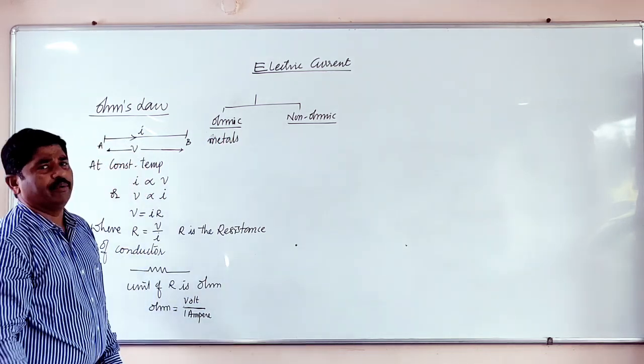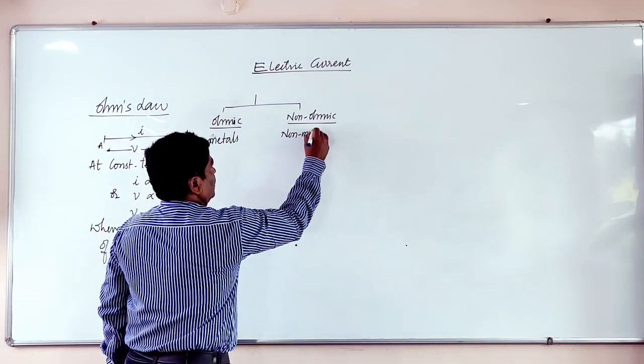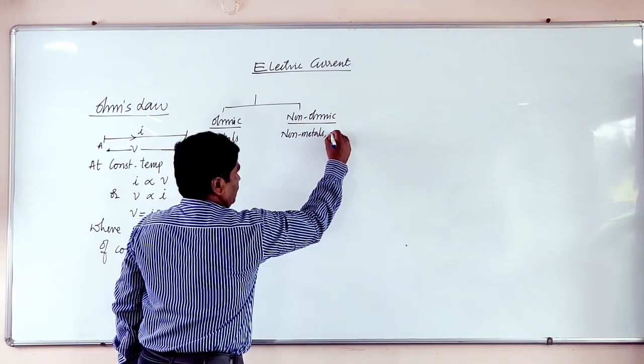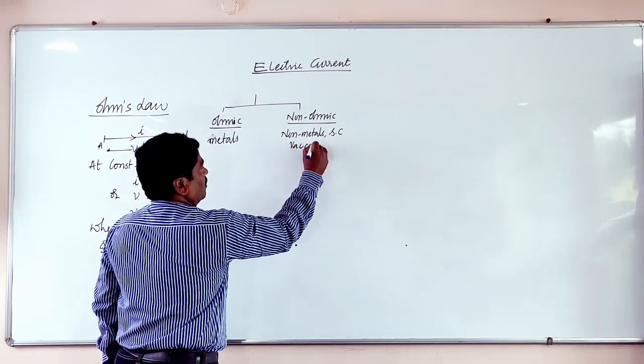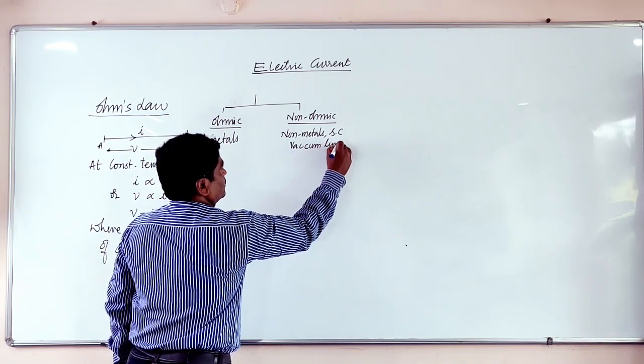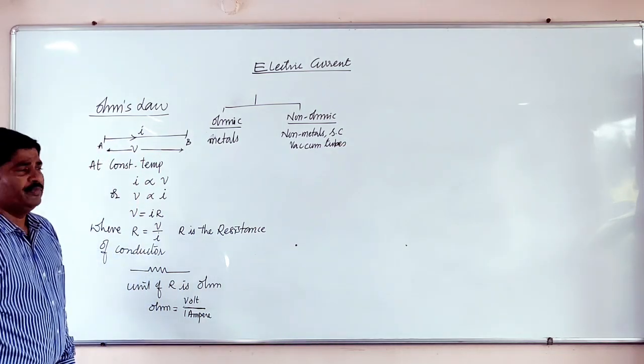All metals are ohmic conductors. Non-metals, semiconductors, and vacuum tubes, along with thermistors, come under the non-ohmic conductors.